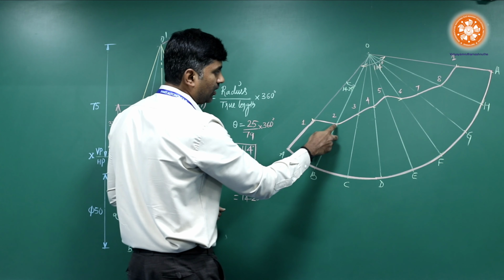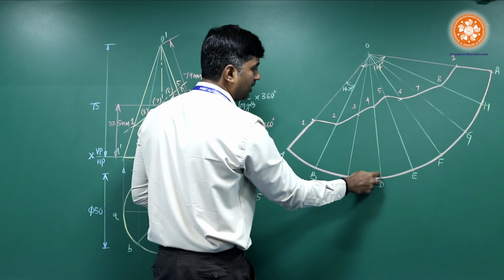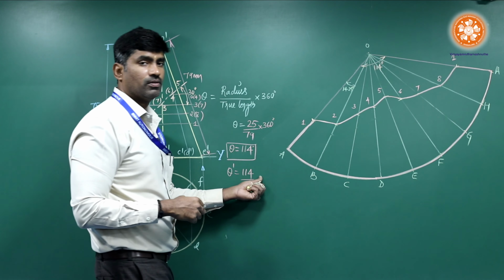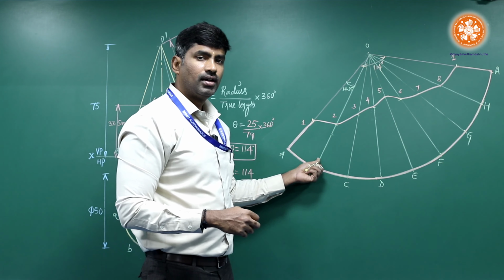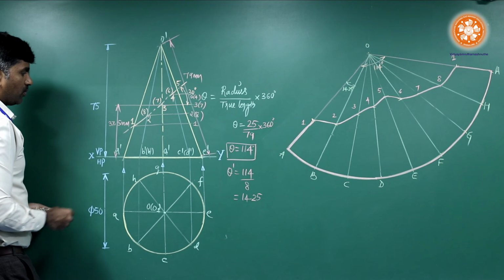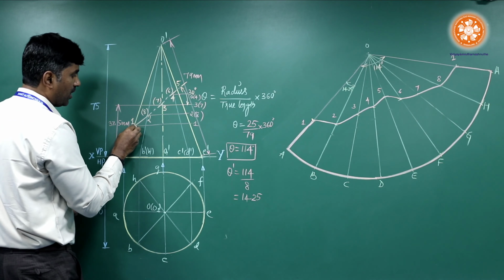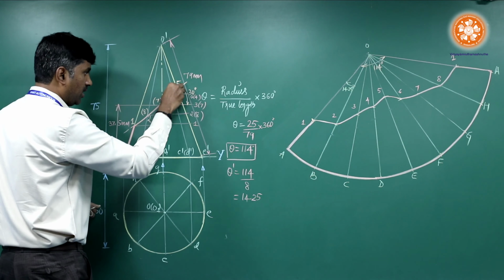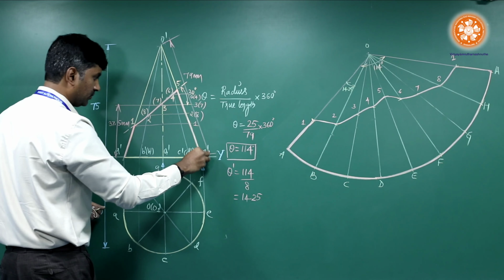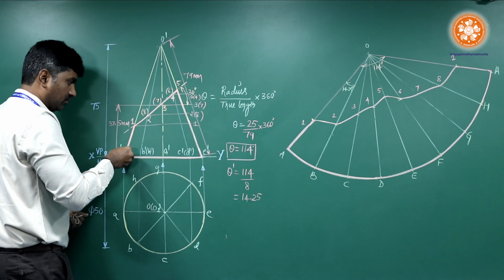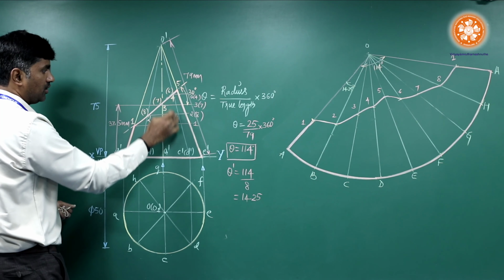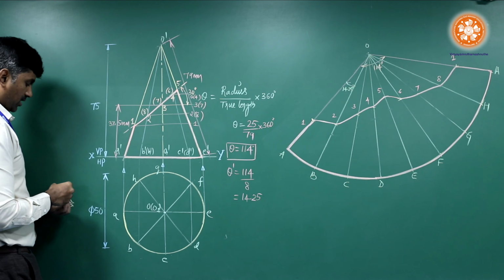Make sure that all these generator lines which we have assumed for division purpose should be thin. Next, further proceeding, the retained part is made dark. So again all these lines should be thin. This is about the retained part.